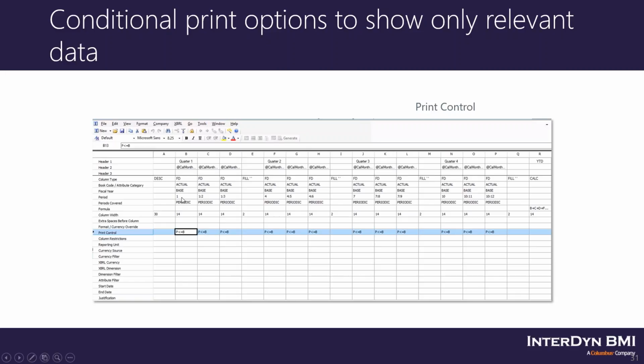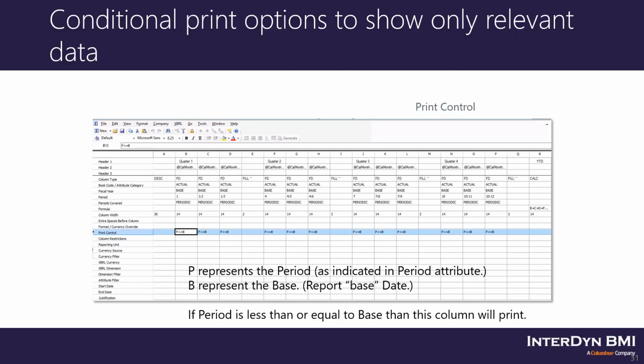So here's an example of we're saying we want column B is defining period 1, column C is defining period 1 and 2, and column D is defining periods 1 through 3. So in this case, depending on the month, certain columns you'd want them to display. So if you were running this for January, then you don't need columns C and D to display. But if you were running this for March, you would want column D to display.